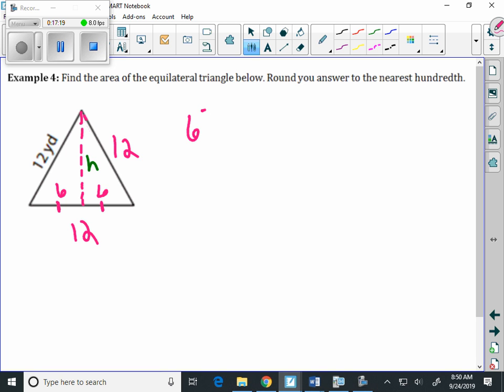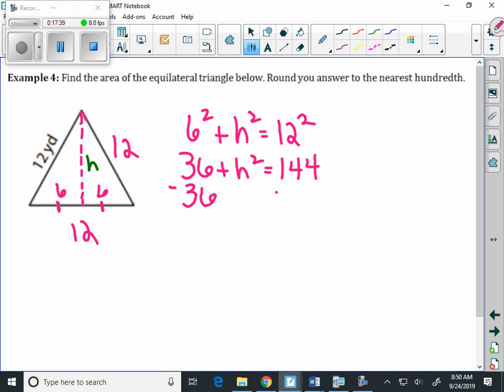And we've got 6 squared plus h squared equals 12 squared. 36 plus h squared equals 144. We can subtract 36 from both sides, and we get h squared equals, well, 144 minus 36 is 108.